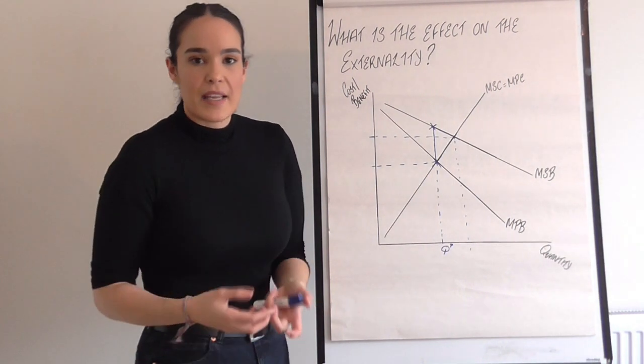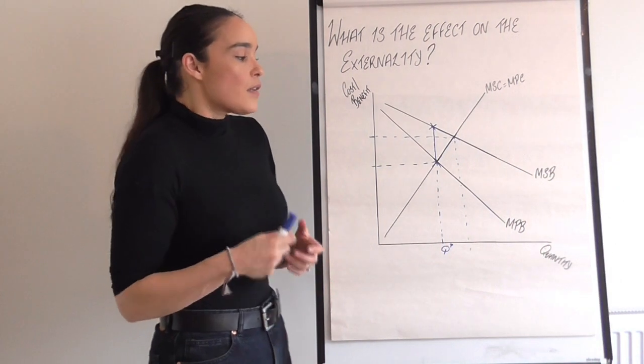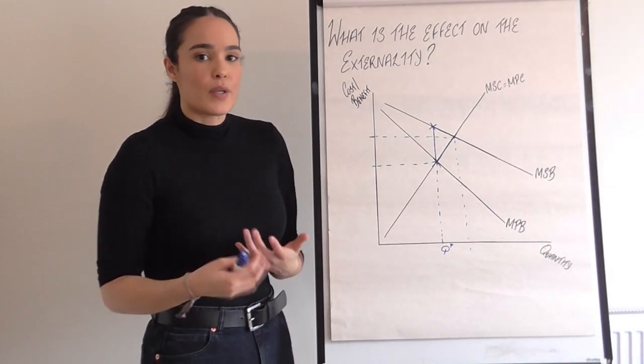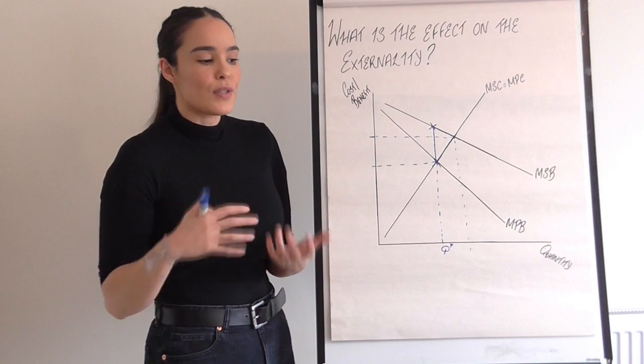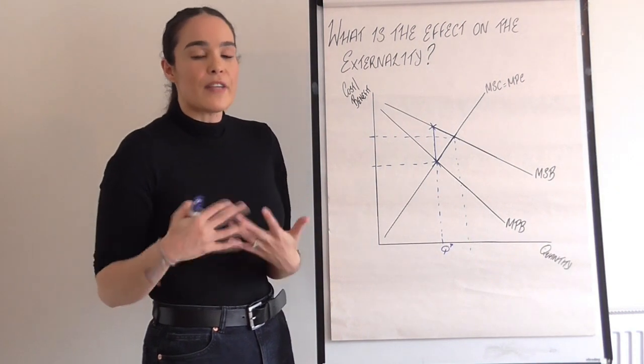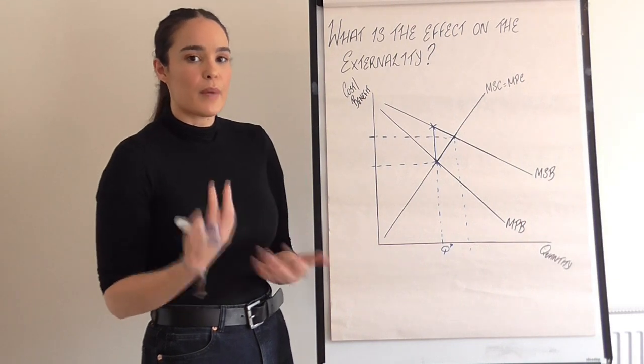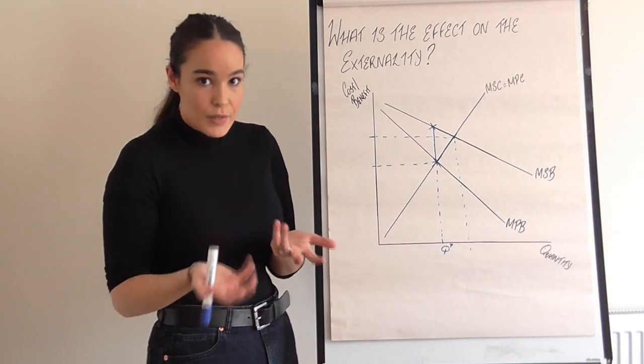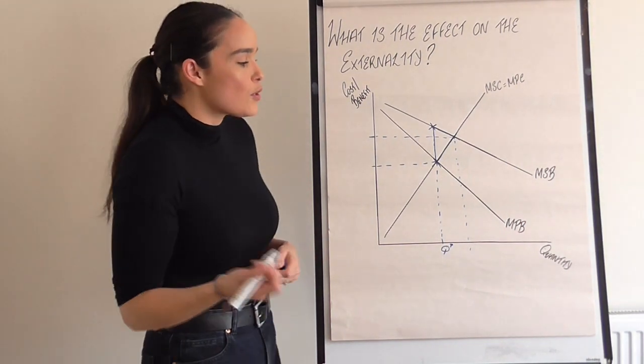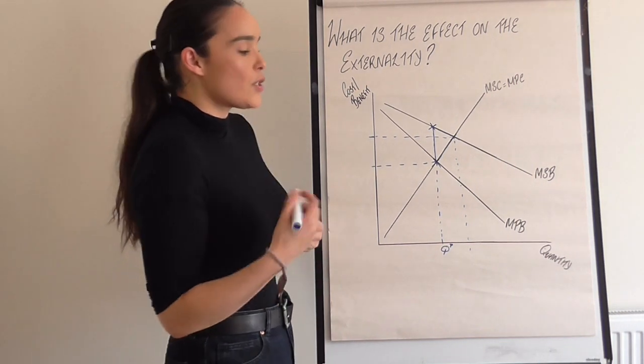Well, your benefit is increasing essentially. So the marginal private benefit is going to increase, because every single unit that you consume, you're benefiting more, because when you look at your marginal private cost to your marginal private benefit has risen. So therefore your marginal private benefit is going to shift.